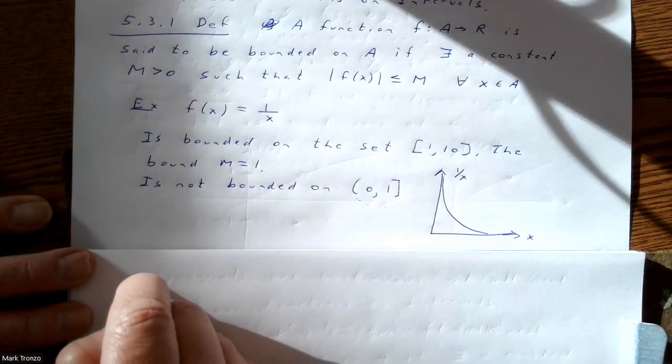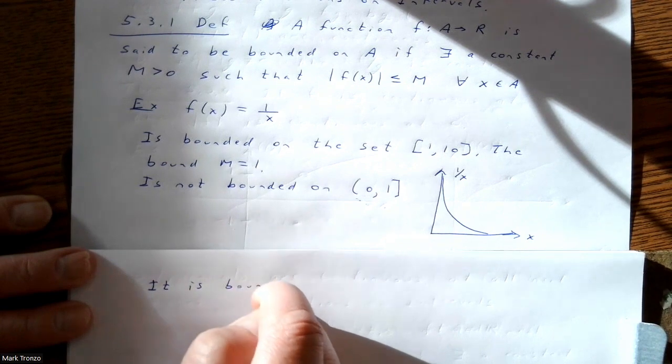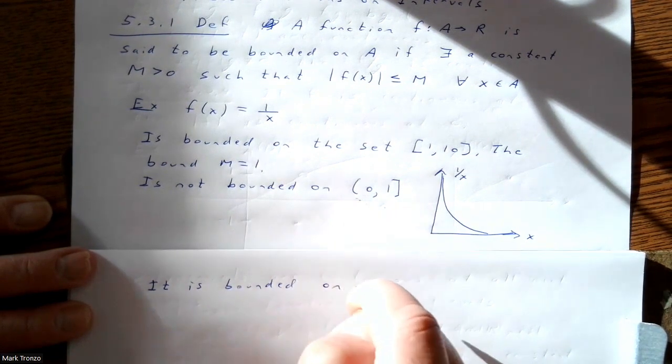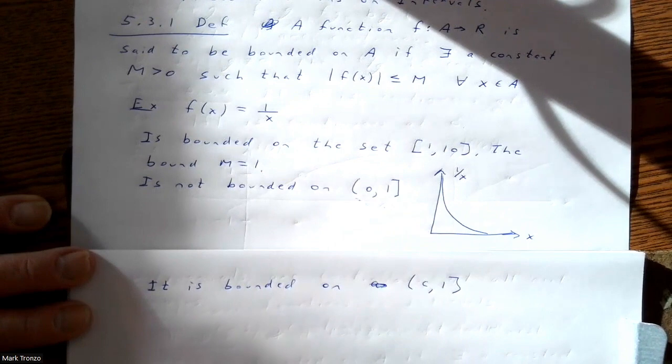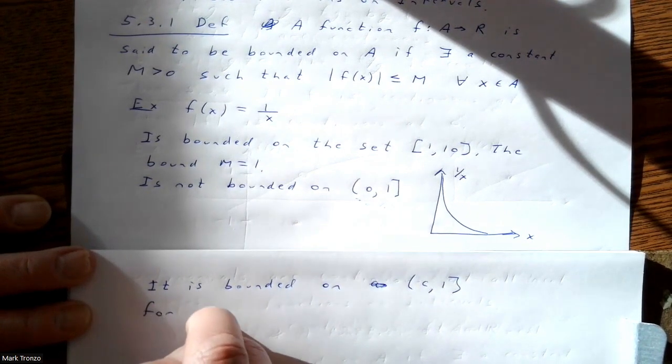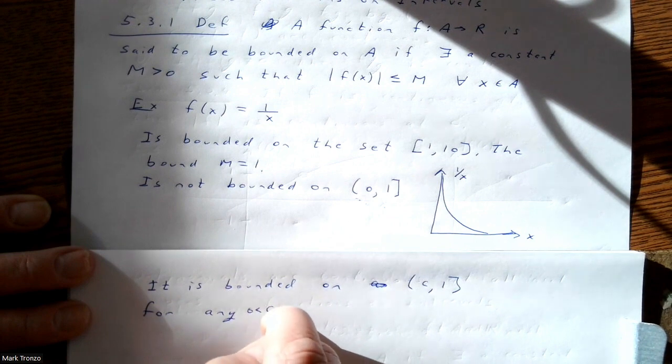For example, it is bounded on C to 1 for any C, and I would say we want to restrict C to be positive and less than 1.